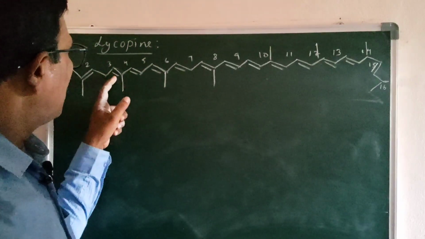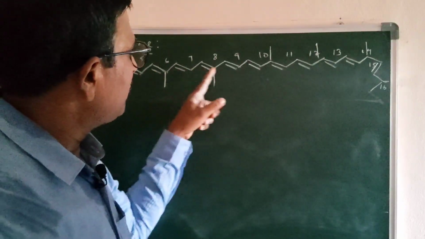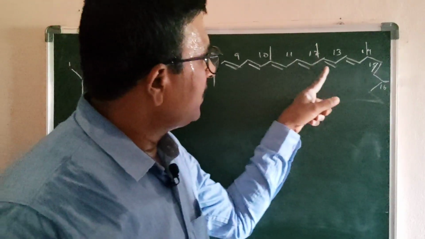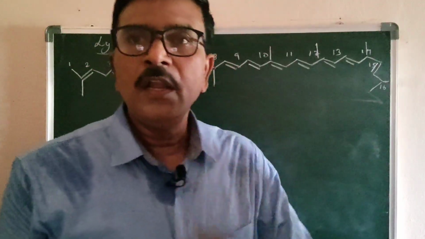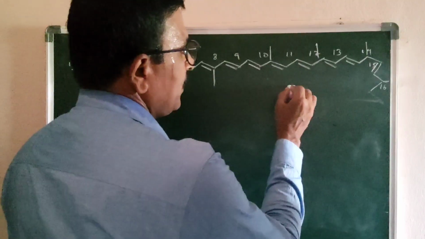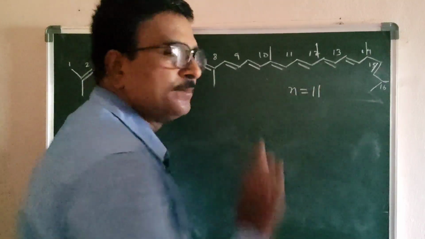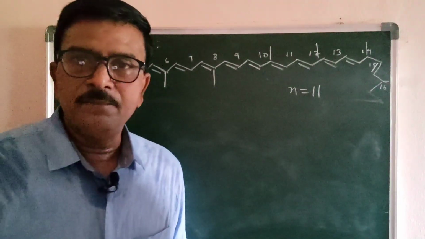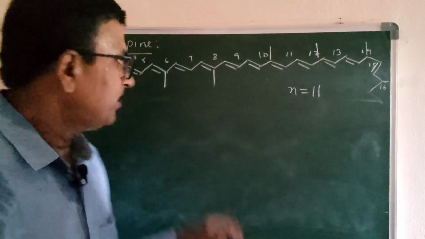Now there are 1, 2, 3, 4, 5, 6, 7, 8, 9, 10, 11. Only 11 double bonds are conjugated. N is equal to 11. Let us count the alkyl groups.